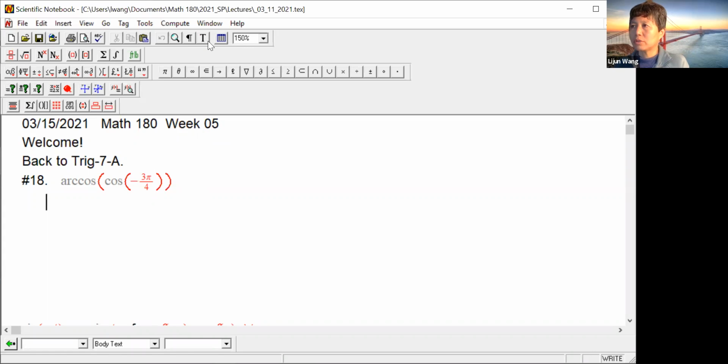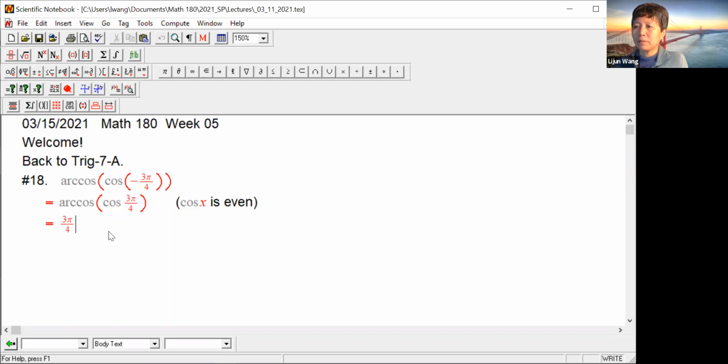You could also use the even function property. Cosine is even, therefore you can write arc cosine of cosine of negative 3 pi over 4 is the same as arc cosine of cosine of 3 pi over 4. And then you use that property, it just equals 3 pi over 4. That's it. So in this step you use that cosine x is even.